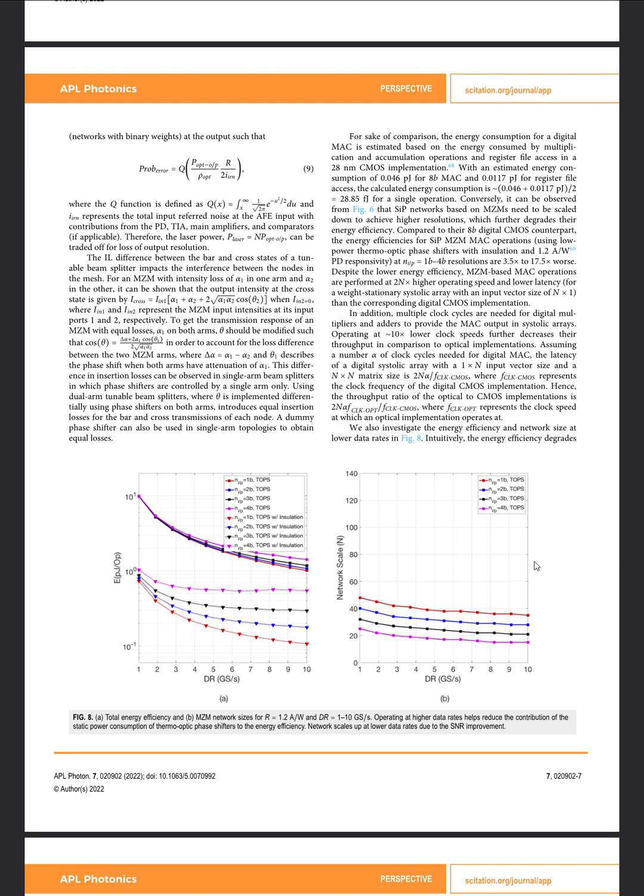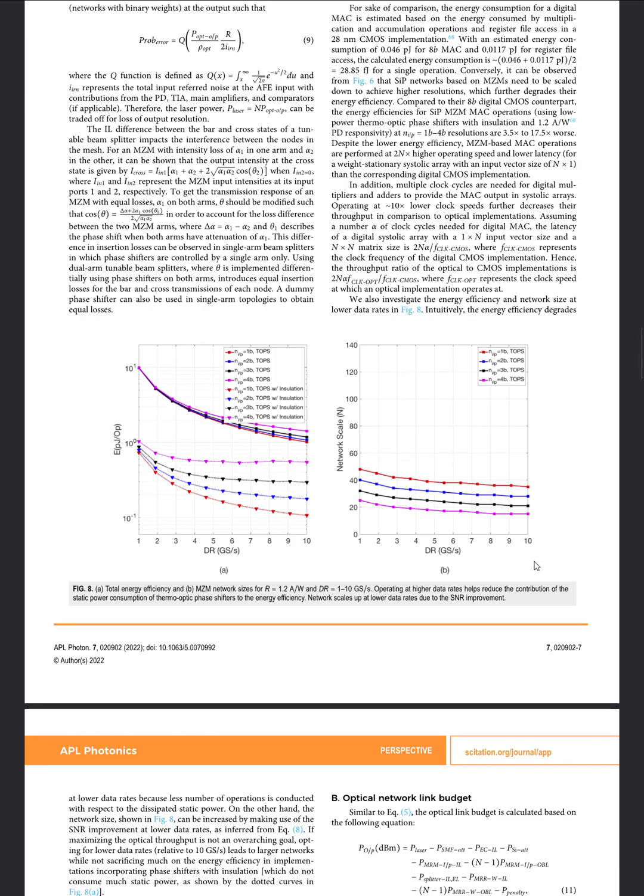The energy efficiency degrades at lower data rates as a lower number of operations is conducted with respect to dissipated static power, and network size can be increased, however, making use of the signal to noise ratio improvement at lower data rates.